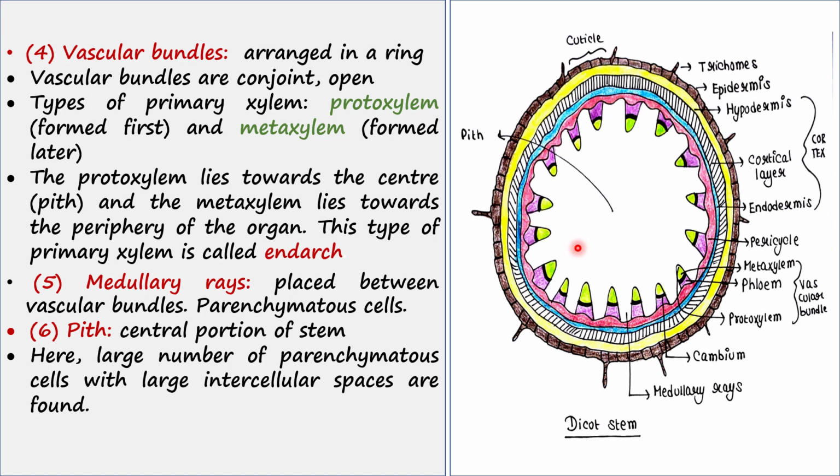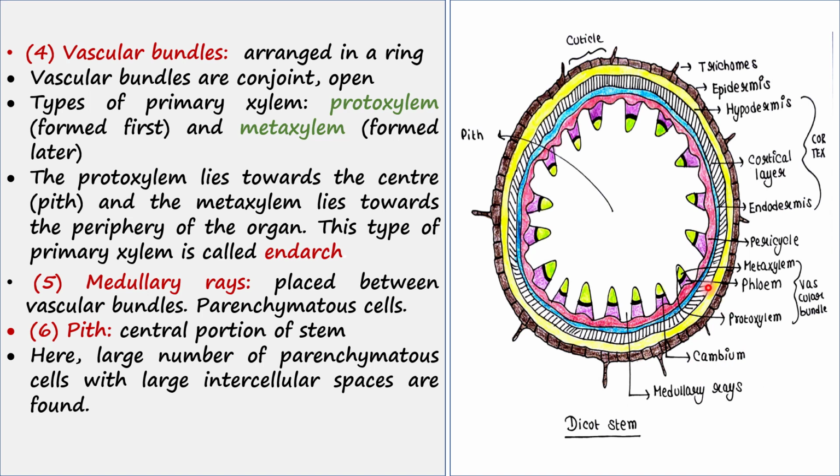And here you can see in each vascular bundle, this purple one is the phloem and the green one is the xylem. And in between the phloem and xylem, you can see the black part. This black part is called cambium.